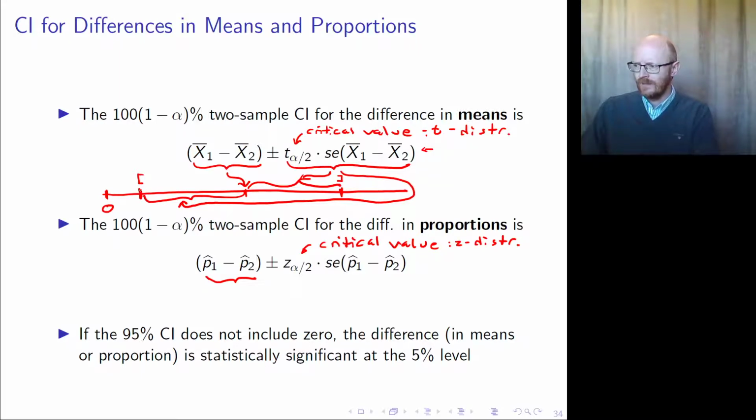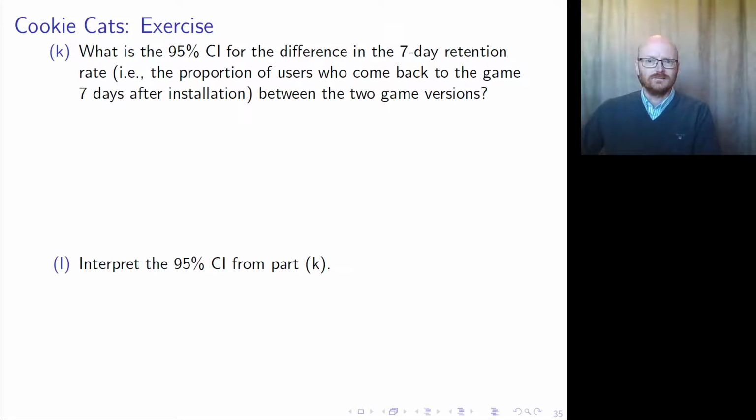Okay, I think we need to just look at an example, and of course we have the cookie cats example. And what is the 95% confidence interval for the difference in the 7-day retention rate, which means the proportion of users who come back to the game 7 days after installation, between the two game versions? Okay, and here we have the difference in proportions.